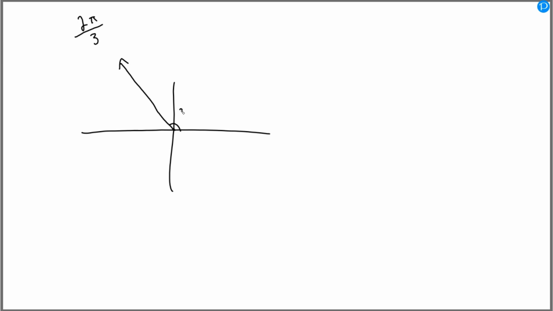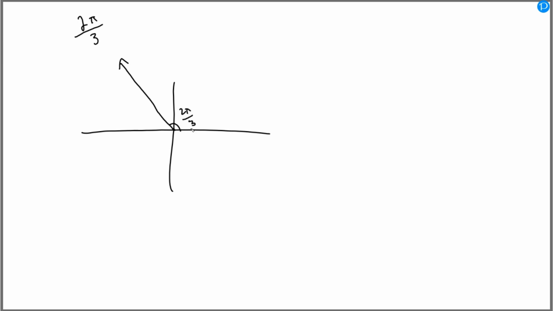Say we're asked to draw 2 pi by 3 radians. Where would that be? Well, that's around 120 degrees, so let's just draw it here. This angle is 2 pi by 3.